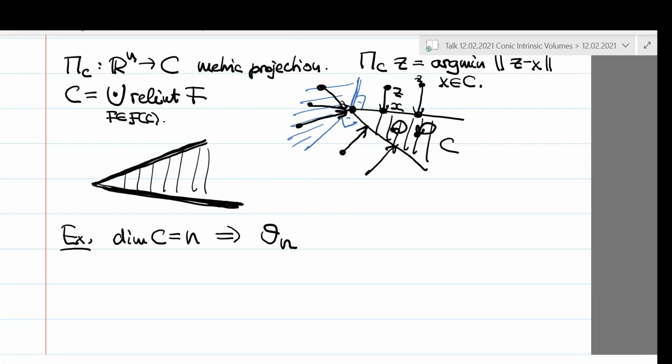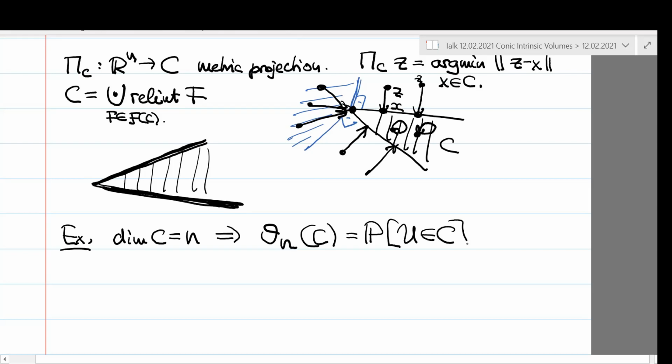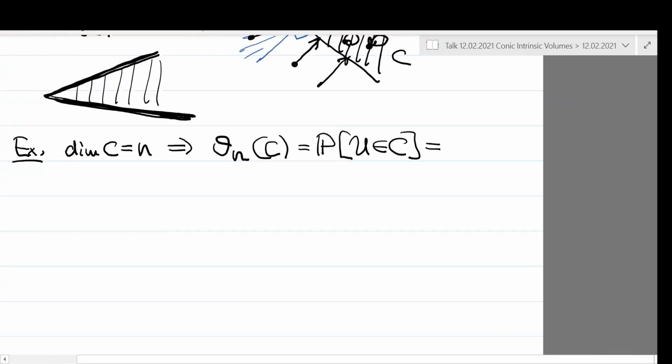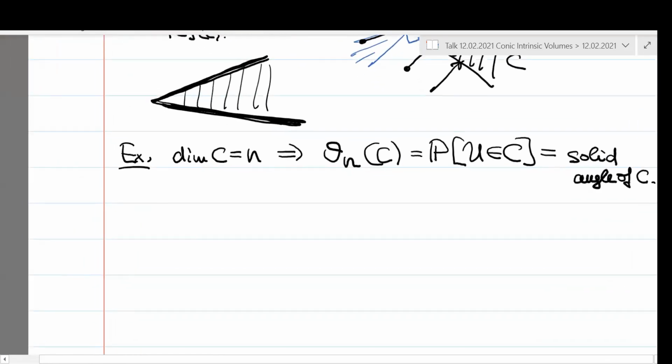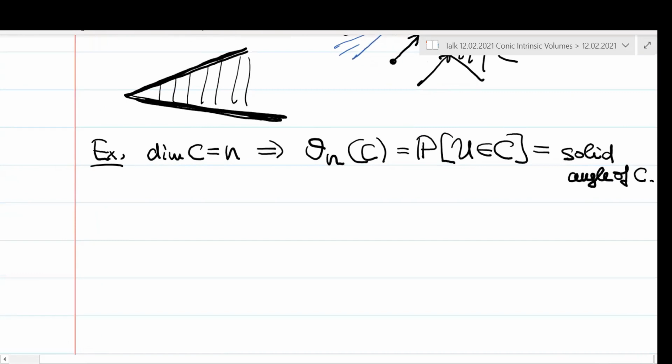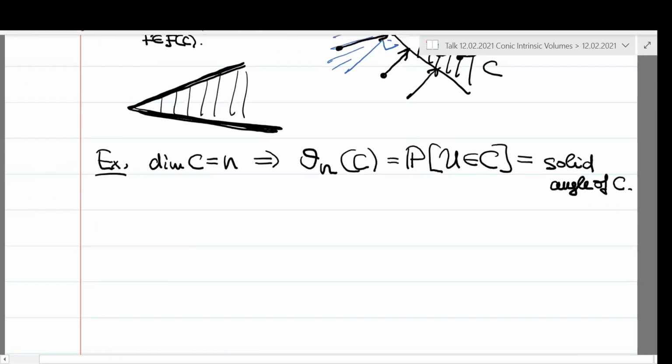So it is just the probability that a uniform direction is contained in the cone, and this is just the solid angle of C. So conic intrinsic volumes are more general than the solid angle.